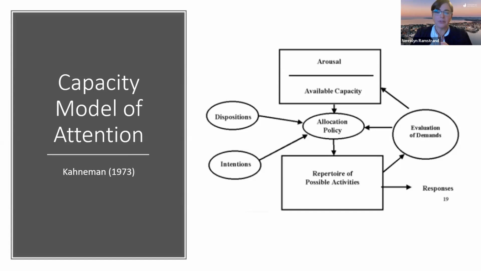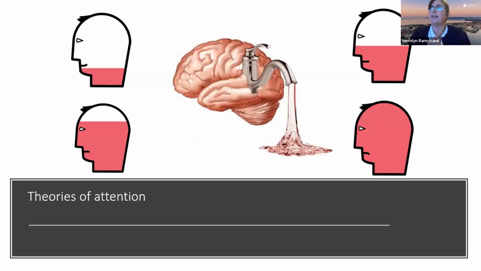The problem, of course, comes when you exceed that attentional capacity. And I think this is a really nice, easy way to think about attentional capacity. So I always think about it as a big glass of water, or a big glass that you can fill up.